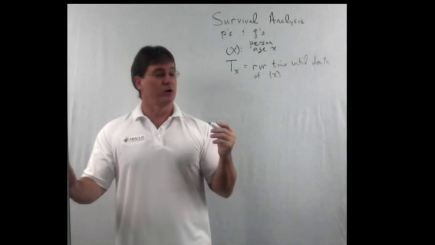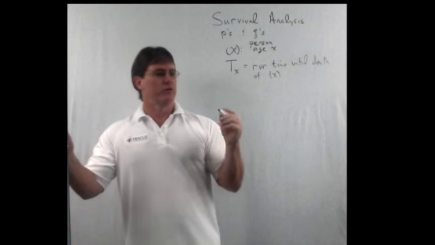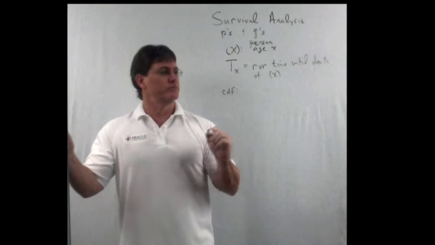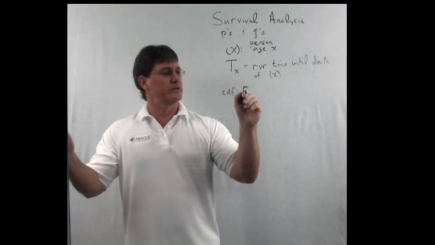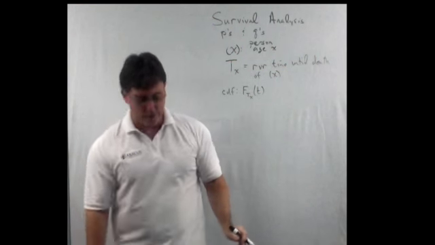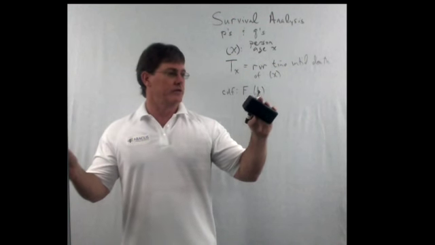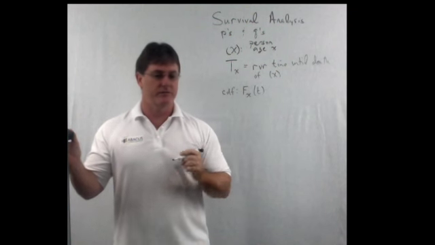So for the random variable, we're going to talk about the distribution function and the survival function. The CDF, the cumulative distribution function, is generally denoted, the statisticians will write this as a cap F sub T sub x of t. This is going to get kind of cumbersome, so instead of writing the cap T sub x as the subscript, I'm just going to shorten that to just an F sub x of t.